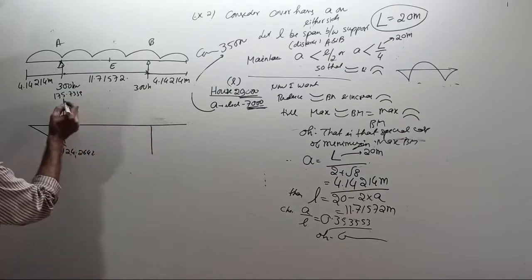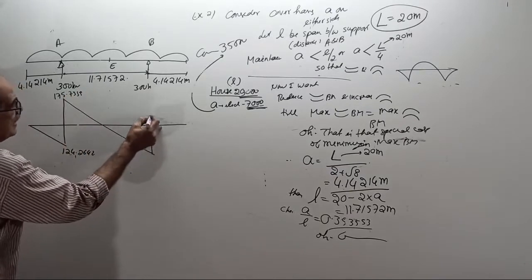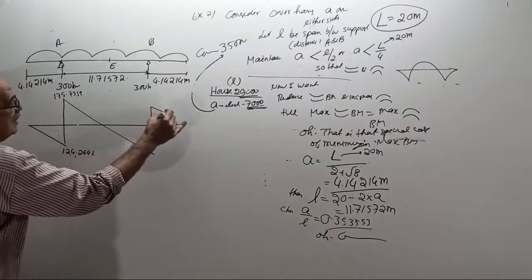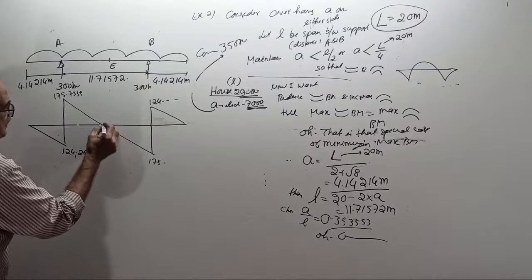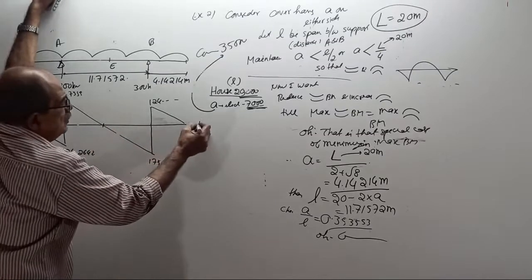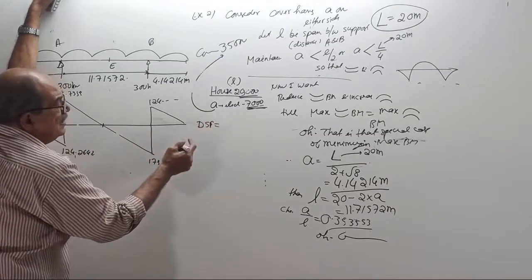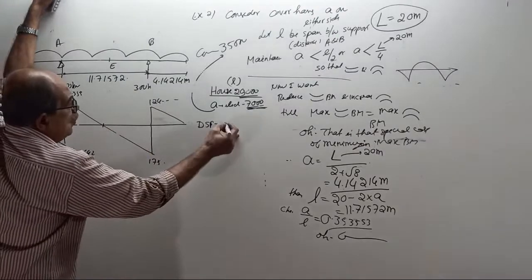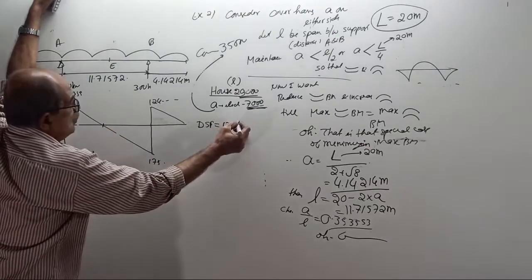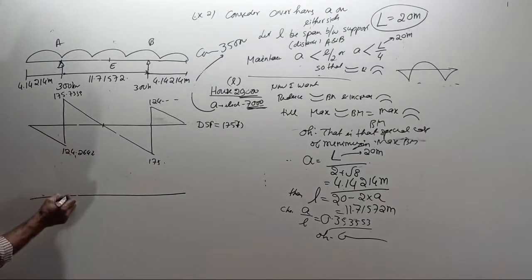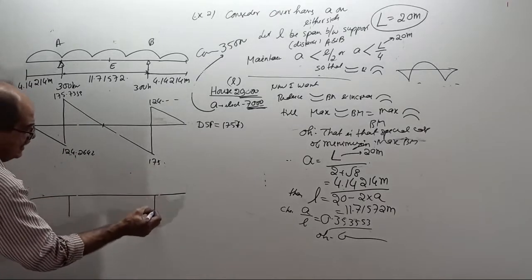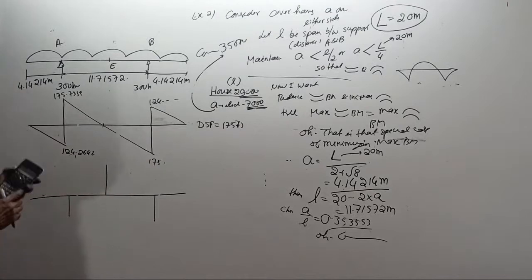Same here also, 124 point something, 175 point something at the center. Therefore, your design shear force maximum further reduces to 175.73, and the bending moment diagram will be, you calculate.